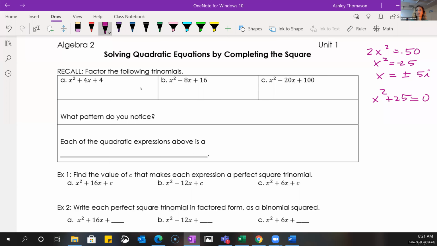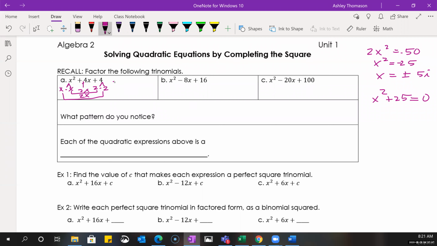So the first thing we want to do is review perfect square trinomials, and that's what all of these are. If I have a perfect square first term, this is x times x, and a perfect square last term, 2 times 2, and if these two add up to the middle, so 2x and 2x add up to 4x, then if that pattern holds true, we can factor these with a shortcut.